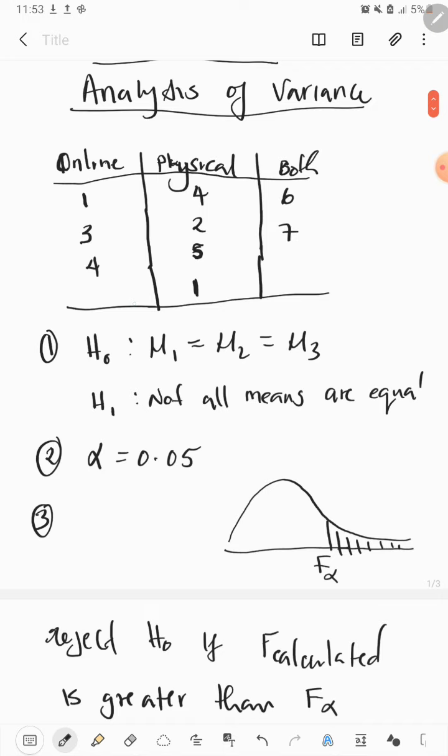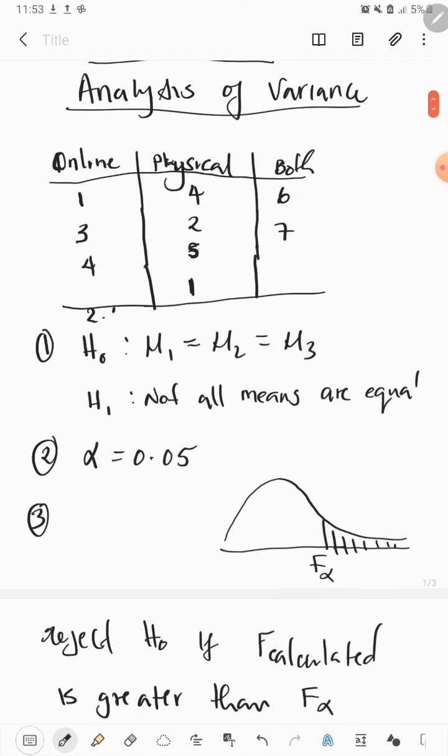The mean for population 1 will be 1 plus 3 plus 4, divided by 3, which is 2.67. And for population 2, we have 1 plus 5 plus 2 plus 4, divided by 4. This is 3.